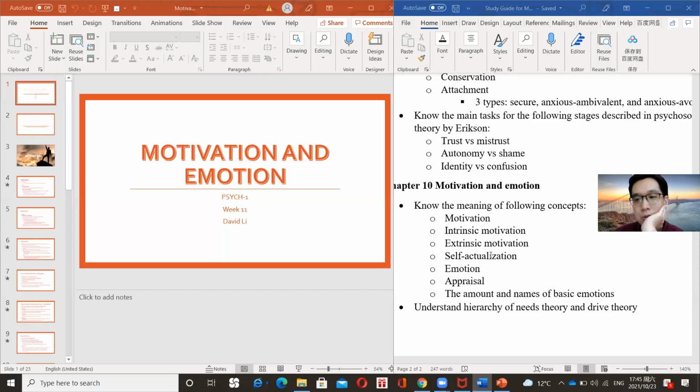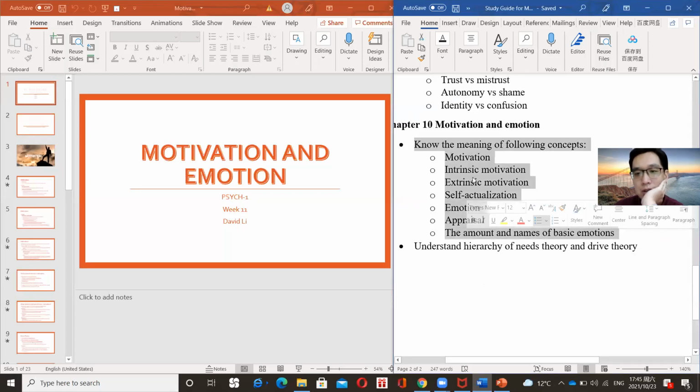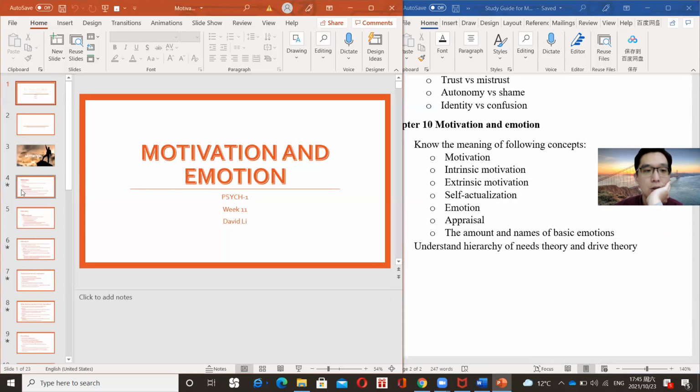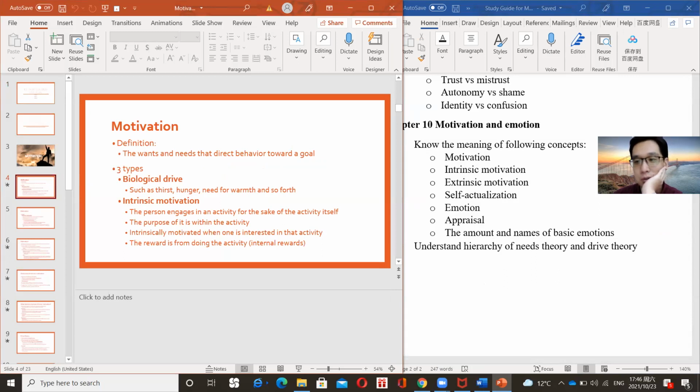So we need to know the meaning of these concepts. First, motivation. So what is motivation? That's the wants and needs that direct people's behavior. Something that can motivate us to do something, to take actions, to have some kind of behaviors.